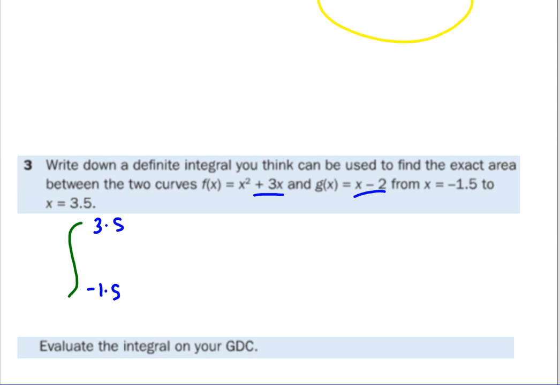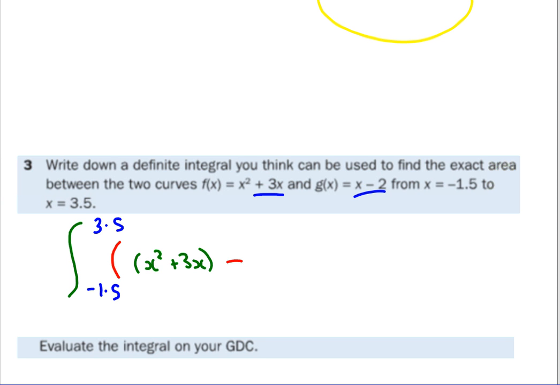How could you write it as an integral? So we'd have to do a big bracket to start with, and then within there write x squared plus 3x, and then it's always minus the other thing.